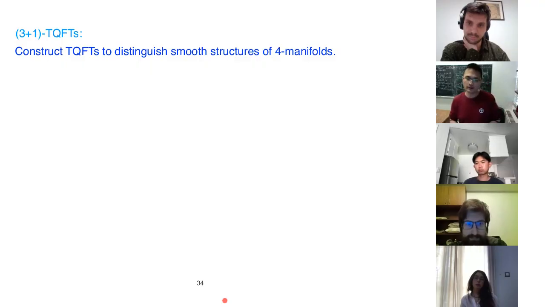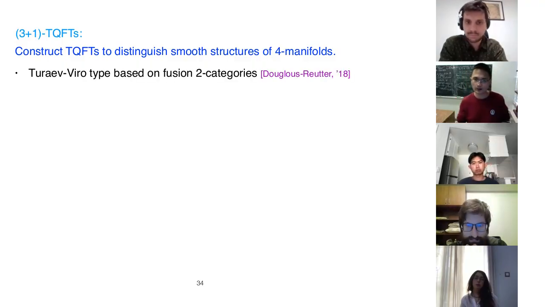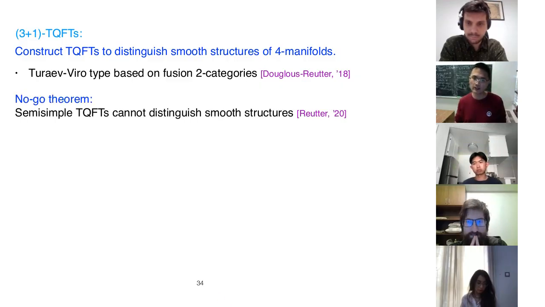By powerful, I mean invariants that can distinguish smooth structures of manifolds. For example, the Turaev-Viro type construction of TQFTs from fusion 2-categories done by Douglas and Reutter. But there's a limitation to such TQFTs because of the no-go theorem, which states that semisimple TQFTs are not able to distinguish smooth structures for manifolds.